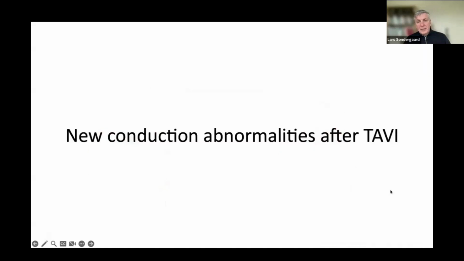We also know that new onset conduction abnormality after TAVI is also an issue and can be related with some adverse outcome. But Magnus, your group just published on the impact of permanent pacemaker after TAVI from your data from SWEDEHEART. So maybe you can just say what you found in your study.